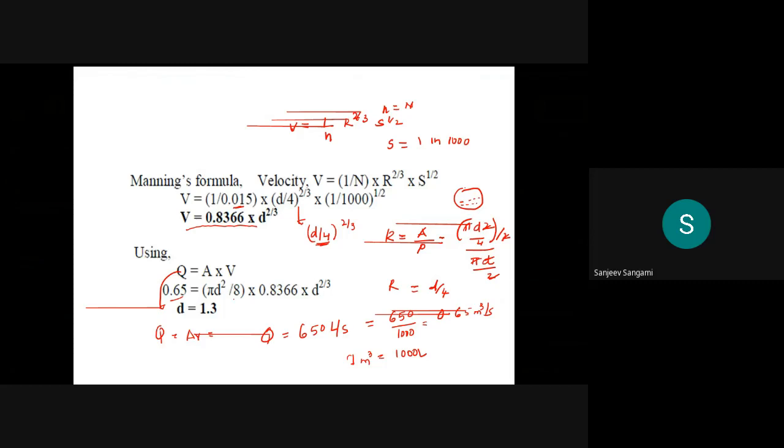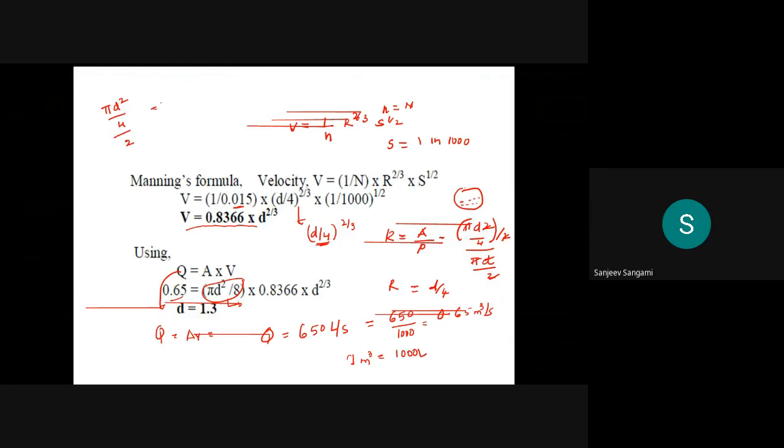Then area, of course pi d square by 4. Why they have taken 8 here is that it is flowing half. It's very important. Many students will go wrong here. This section, they have written as pi d square by 4, but it is 50%, means divided by 2.